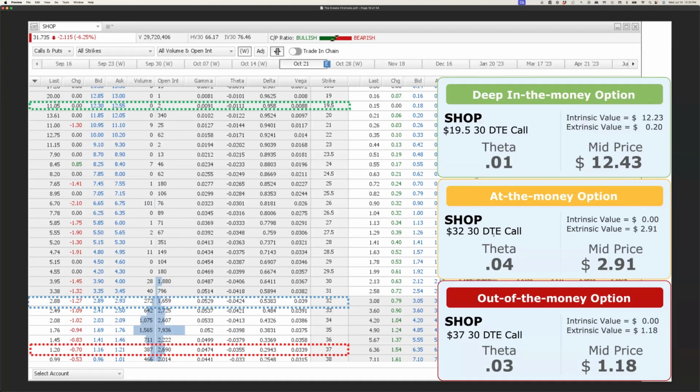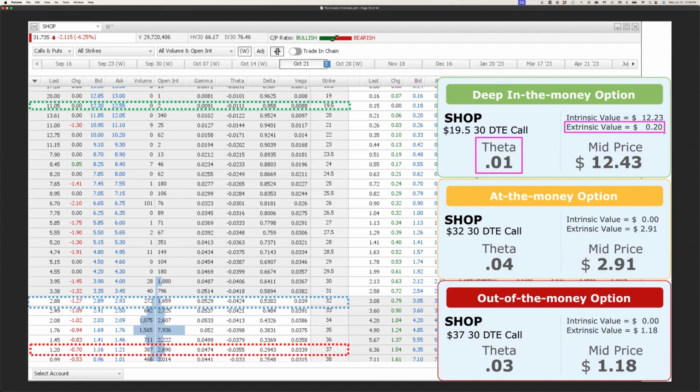Going with the same example that we're using before, when we're looking at Shopify here, that deep in the money option has, as you can see, a very low theta, because when we have a deep in the money option, the extrinsic value of the option is very, very low relative to the entire value of the option. Only 20 cents of the $12.43 is extrinsic value.